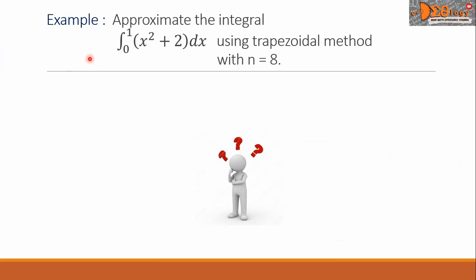Look at this example. Approximate the definite integral from 0 to 1 of the function x squared plus 2 dx using the trapezoidal method with n equals 8.